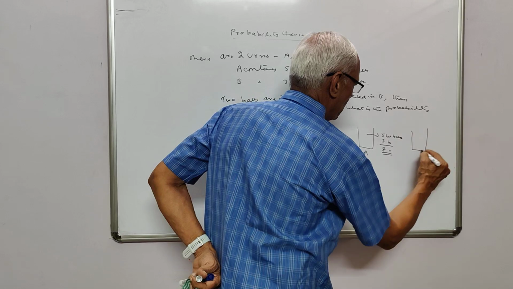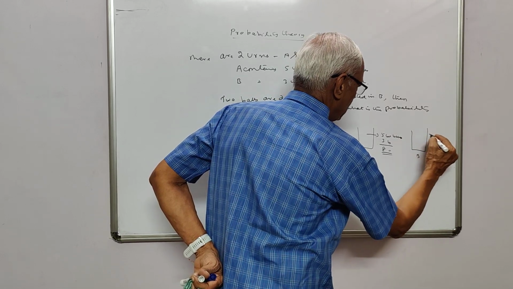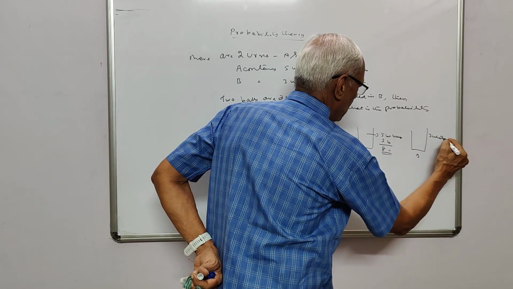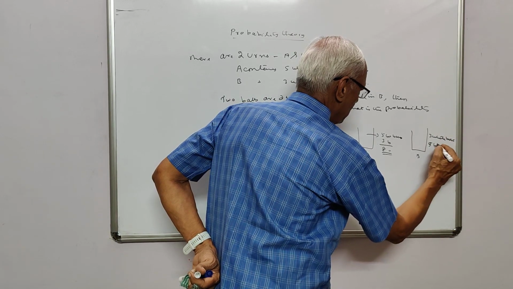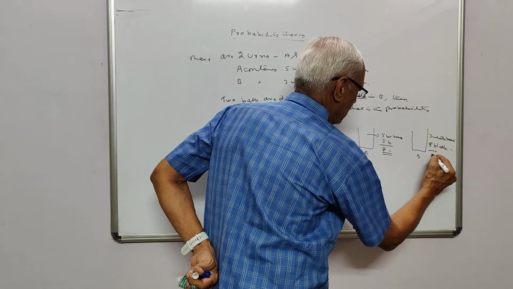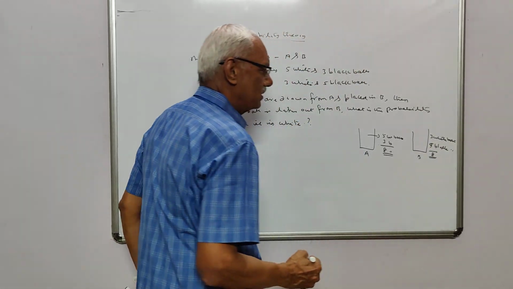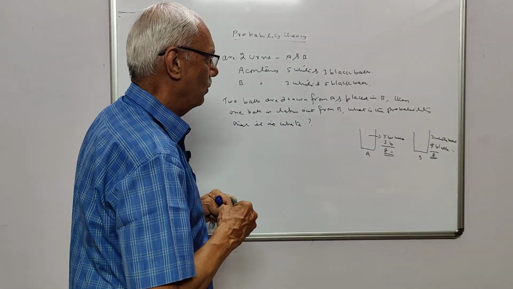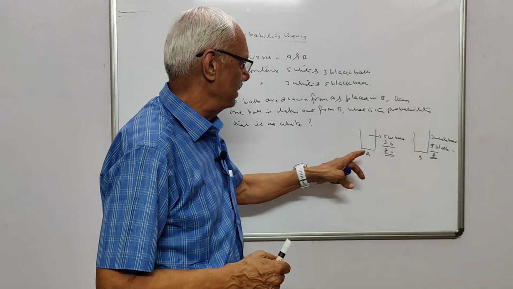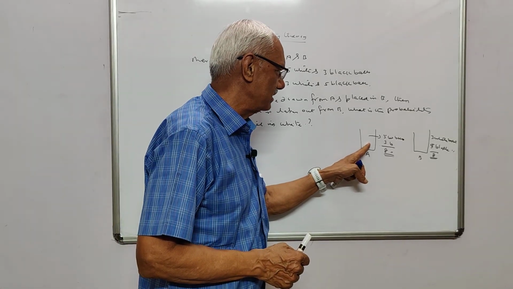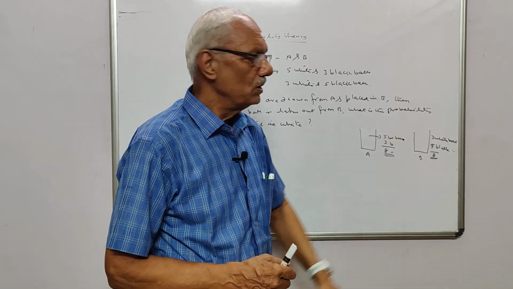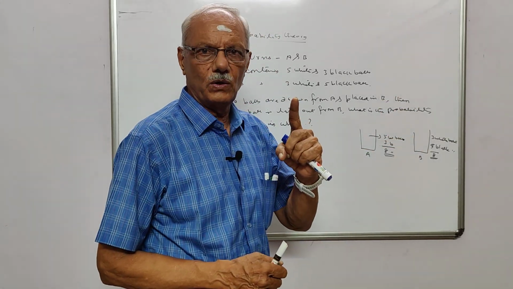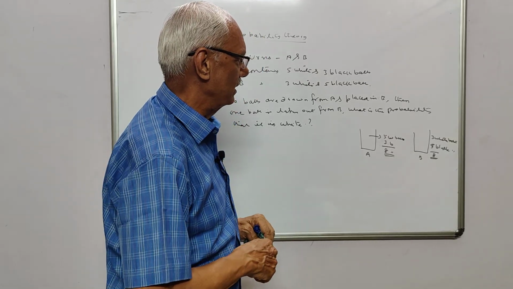And here you have your B, and here 3 white balls, 5 black balls, 8. Now you have to draw 2 balls from this, place them in this, and pull 1 out, so that will be your white ball. Now let us start doing this.